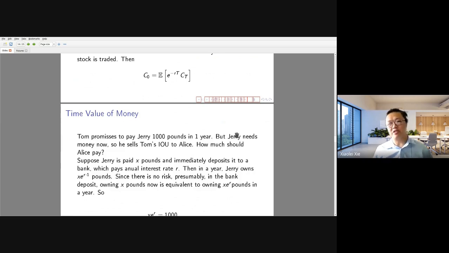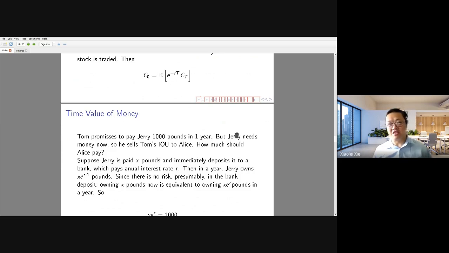So suppose Jerry is paid X pounds for this IOU and immediately deposits this amount of money to a bank, which pays a risk-free interest rate R, continuously compounded.